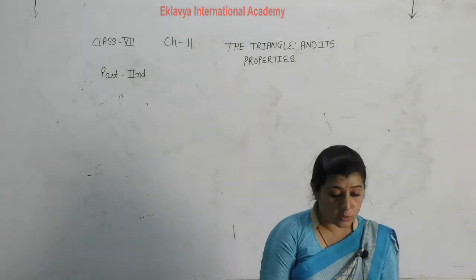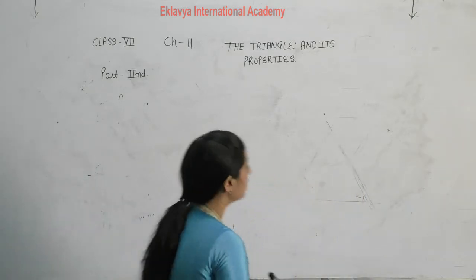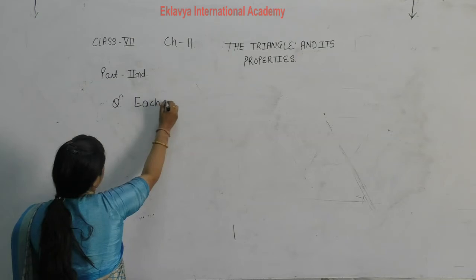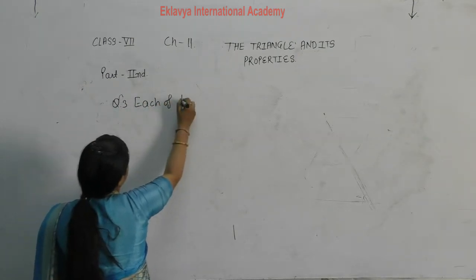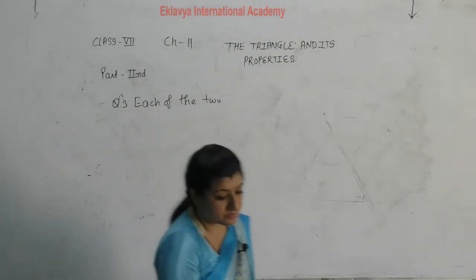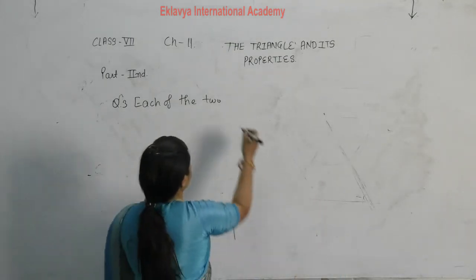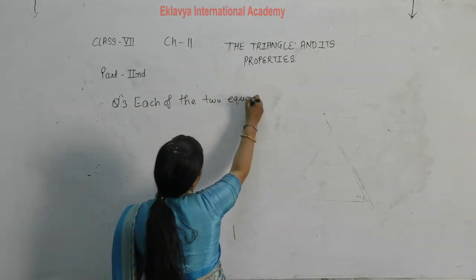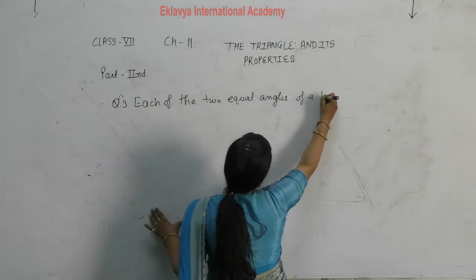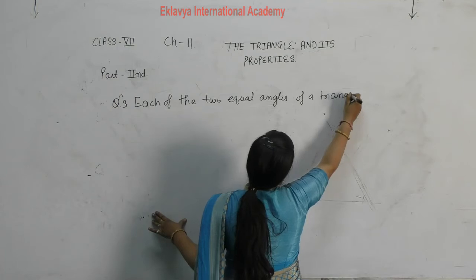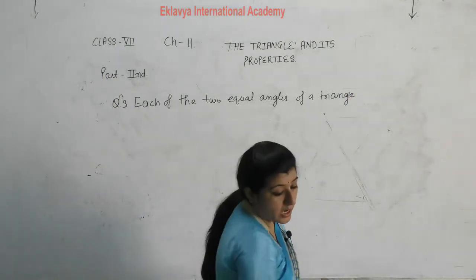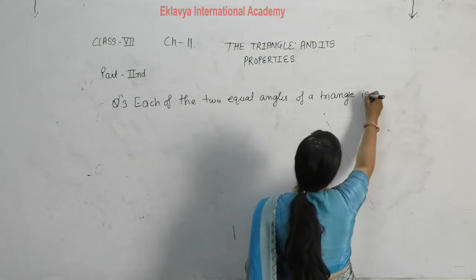Each of the two equal angles of a triangle is twice the third angle.